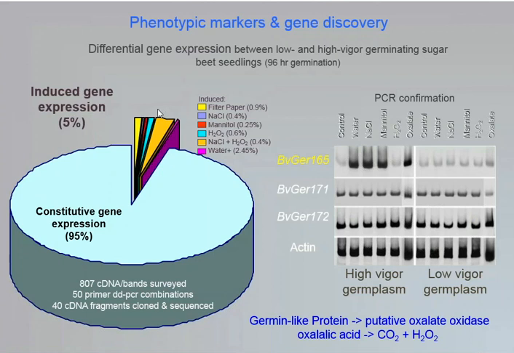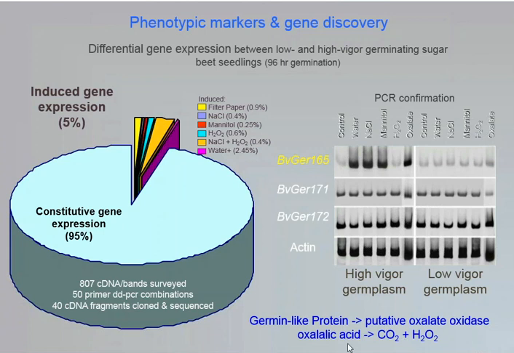And out of these 5%, we were able to find one member of a gene family that showed some differential expression only in the high vigor germplasm and only under stress relative to the low vigor germplasm, and it's not expressed in either filter paper or under hydrogen peroxide. So it turns out this thing is a germin-like protein, which is a putative oxalate oxidase.